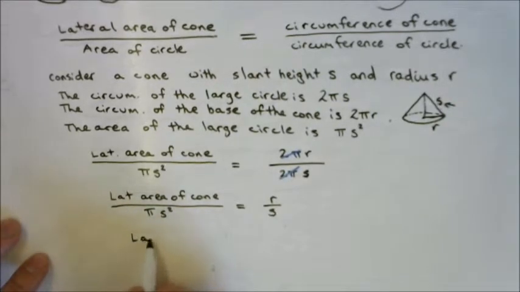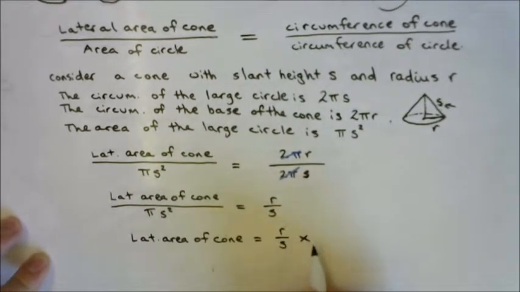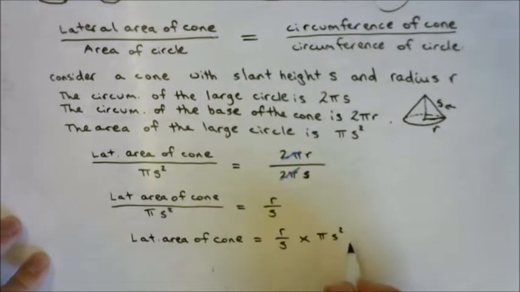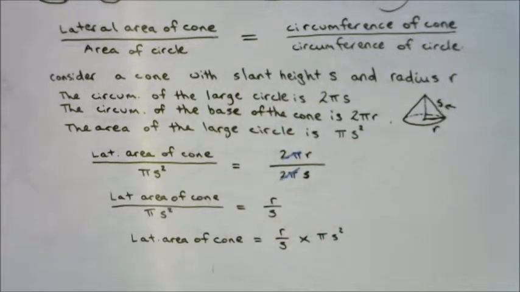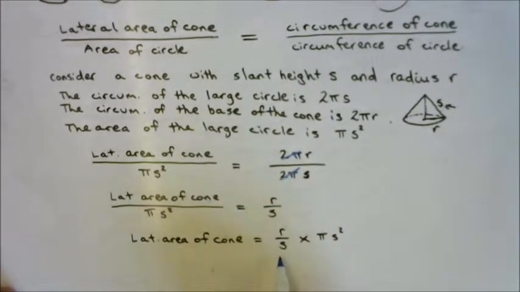On the left, that's just going to leave us with the lateral area of a cone. On the right, we have r over s still, and we're going to multiply that by pi s squared. Whenever you multiply a fraction by a whole number, basically this whole pi s squared goes into the numerator and gets multiplied by r, and it's being divided by s.